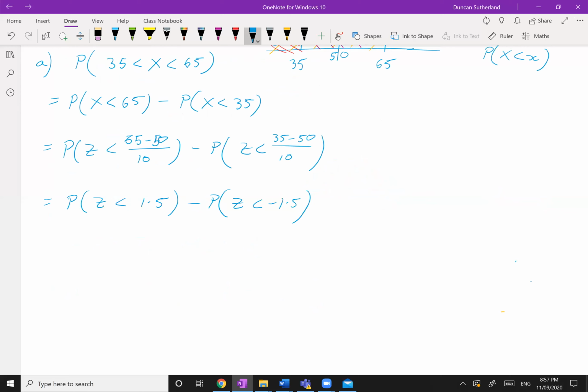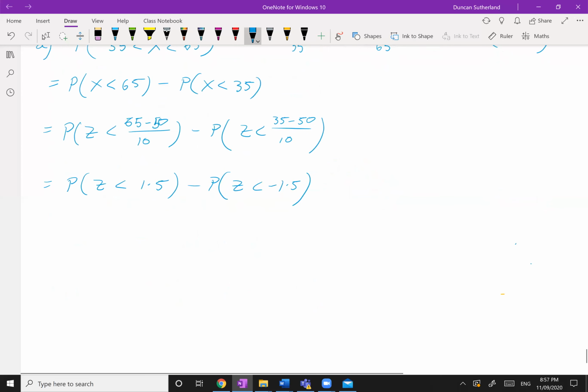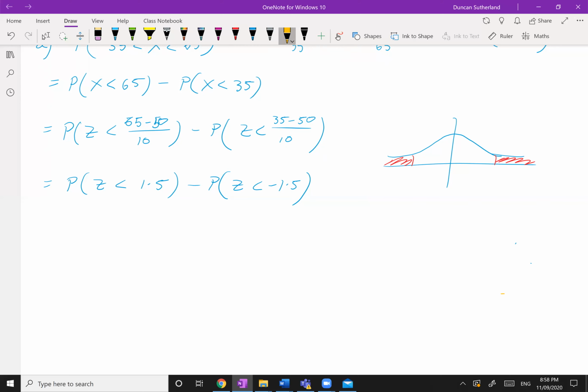To deal with this minus 1.5, again, we just use symmetry. So this is our normal distribution. Worst normal distribution ever. Like that. We know that, for example, we're down here at minus 1.5. We want this area there. We know that it's equivalent to this thing up here. So we know that that's equal to 1 minus the yellow area.